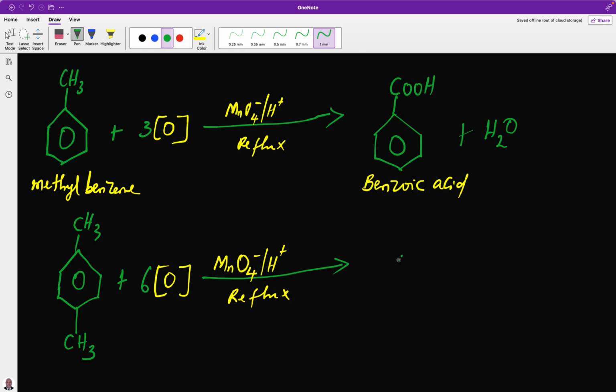Our product here will be a dicarboxylic acid group that will generate. We will have this plus 2 molecules of water that will be formed.